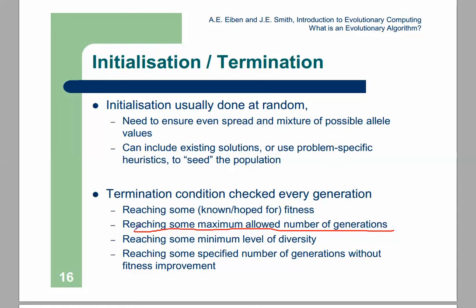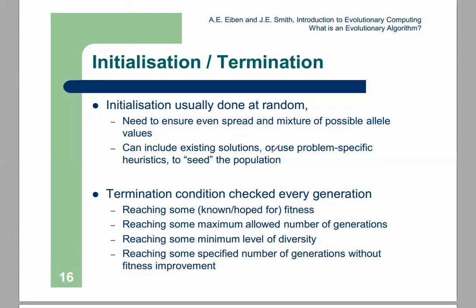For example, we reach 1000 loops or 1000 generations, and sometimes the diversity reaches a minimum level, or sometimes the fitness function doesn't improve and remains fixed, or sometimes it goes down, it decreases. These are some of the conditions of termination.